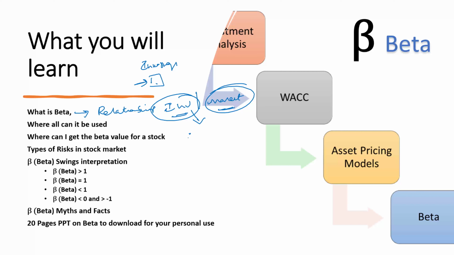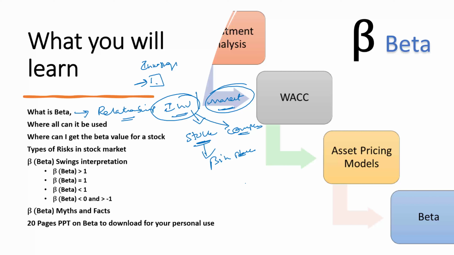You can have your investment in a stock or you can have your investment in a company. Since most people invest in stocks, that's where the word beta in stocks has taken popularity, but it can be used for other investments. So that's what beta is in simple terms.